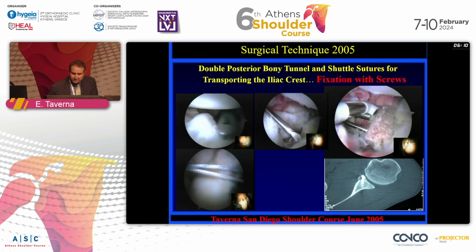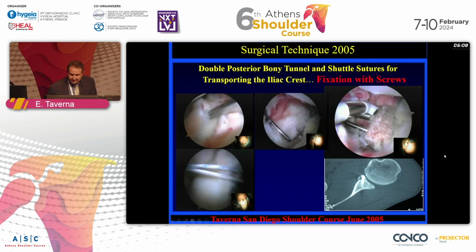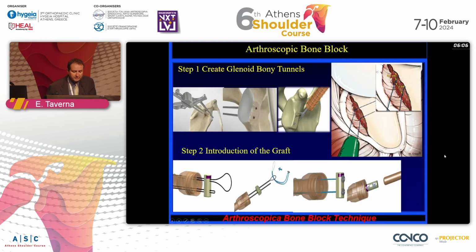And since I believed a lot in this technique, thanks to Smith & Nephew, we have developed it and made the technique simple. We use a guide that is very similar to the one that Pascal designed for the Latarjet, with the same concept, a 5 millimeter offset of the bony tunnel.